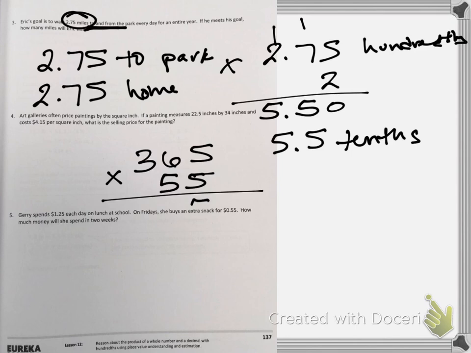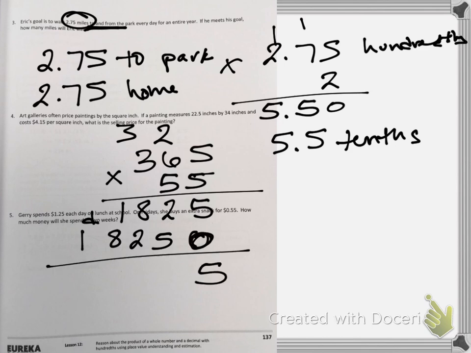So 5 times 5 is 25. 5 times 6 is 30 plus the 2, 32. 5 times 3, 15 plus the 3 is 18. And then we should just get the same numbers, because 5 times 365 will be the same thing for whether it's 5 in the ones place or 5 in the tens place. That's why we put this place value holder here.